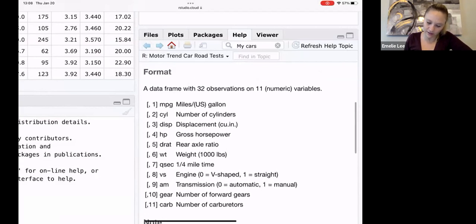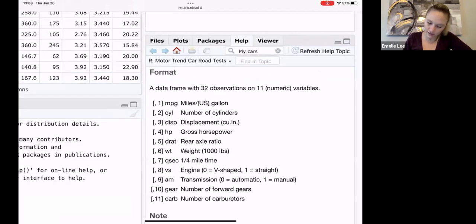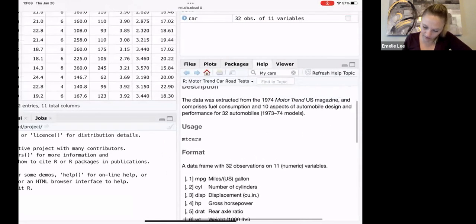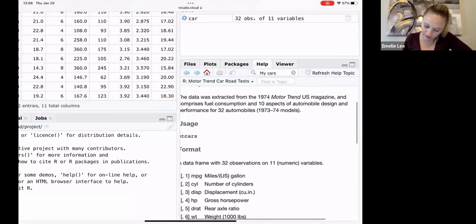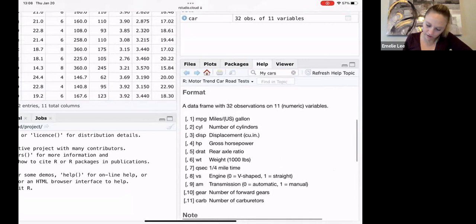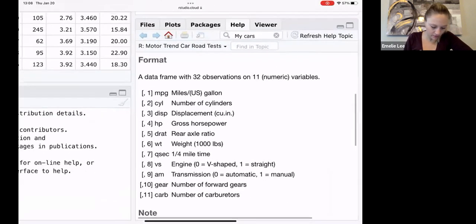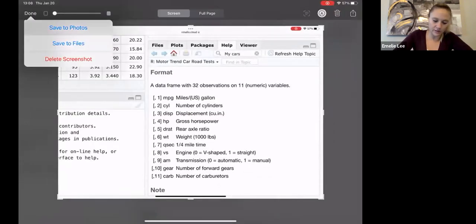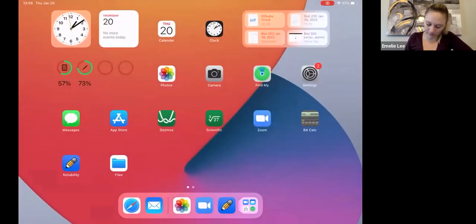let's see here. I'm gonna zoom out a little bit. I guess I can't really zoom out here. Okay. I'm gonna screenshot this and bring it in.